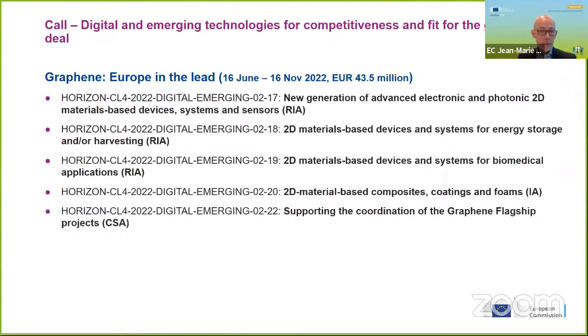The second one on material, device and system for energy storage or harvesting. The third one on biomedical applications, and the fourth one on 2D material-based composites, coating, and foams. And the last topic under this heading is a coordination and support action.